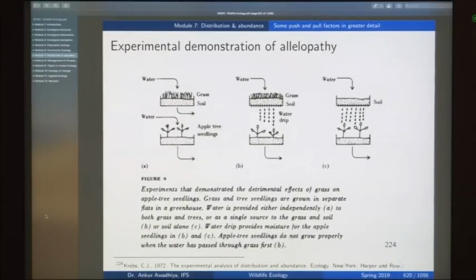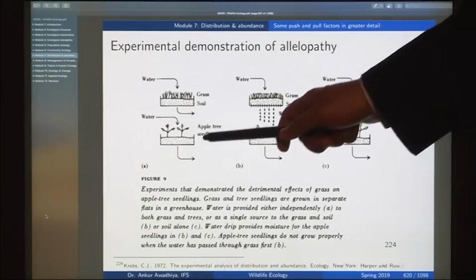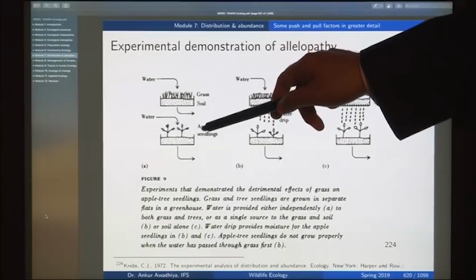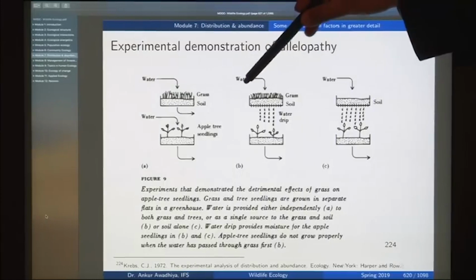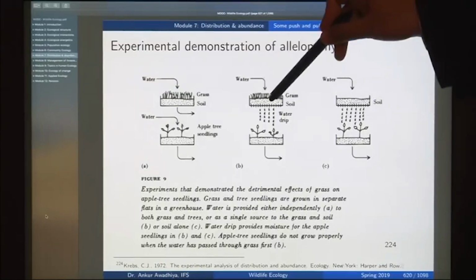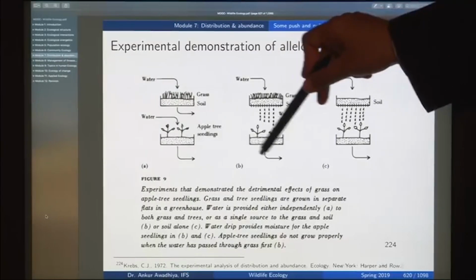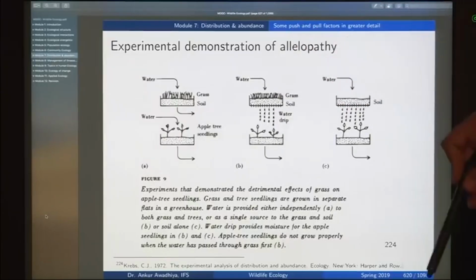Next, we looked at experimental demonstration of allelopathy. So, in this case, if you have the apple seedlings and you give them water, these apple seedlings are able to survive, but then if you pour water through a grass bed and then put this water onto the apple seedlings, they start dying off.